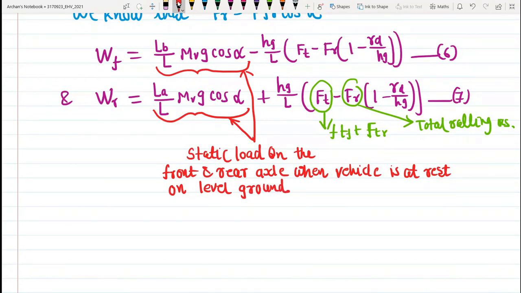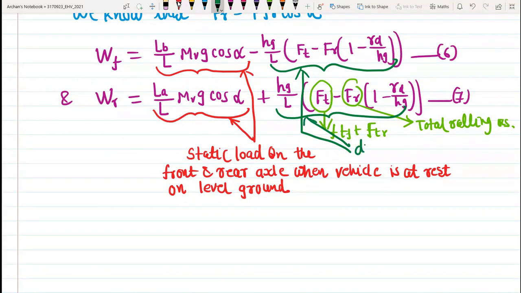And the second term, of equation 6 and of equation 7, is nothing but the dynamic component of the normal load. So we do have a static component as well as a dynamic component of the normal load, right?